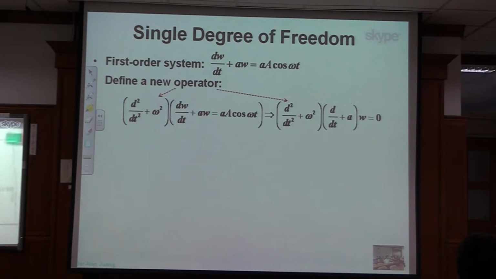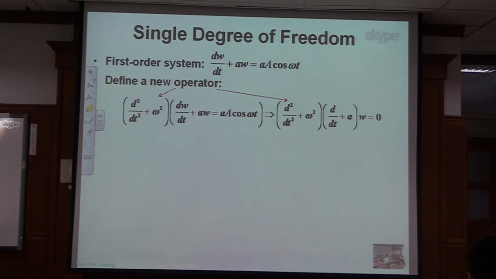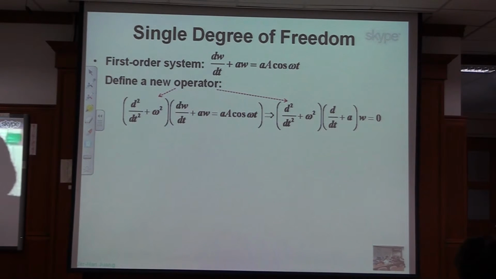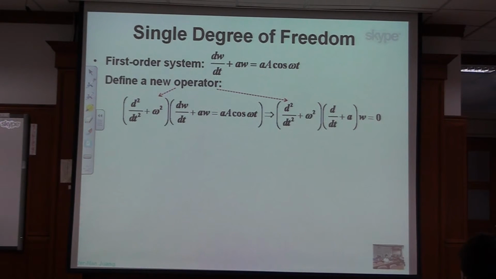That means d squared over dt squared plus omega squared, and then d over dt plus a, parenthesis of w equal to 0. Then you don't have to look at homogeneous solutions and particular solutions separately. If you do it this way, you will solve the homogeneous solution and particular solution in one equation, rather than developing two parts.